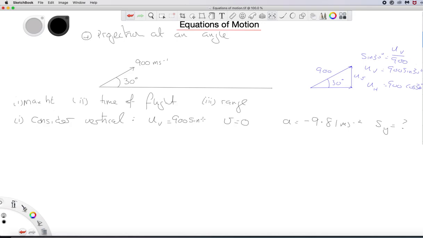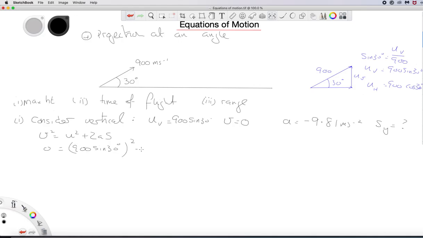So we have 900 sine 30 here. So we want S, we've got V, U and A. So we would say, sensibly I think, V squared equals U squared plus 2AS. V we know to be 0, U we know to be 900 sine 30, which is a half, of course, so that's nice and simple.